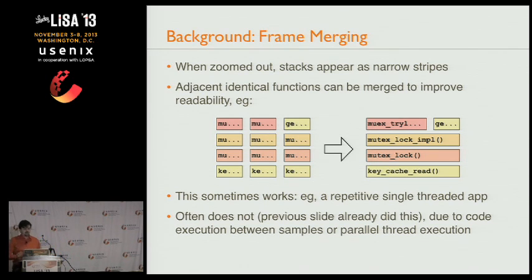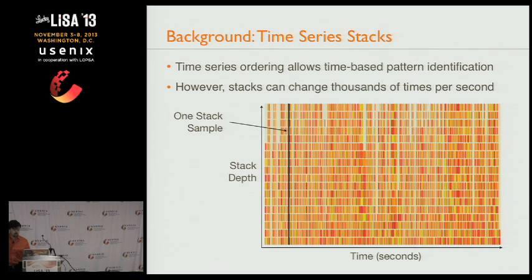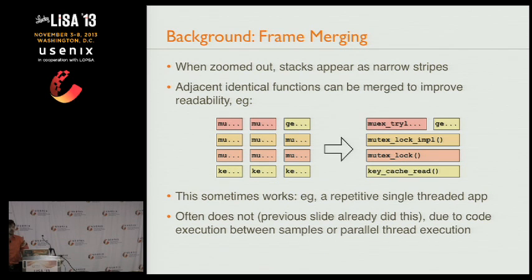What we can do to improve it is merge adjacent similar boxes. If I have two boxes that are adjacent in my time series graph that are the same thing, then just merge the horizontal space so that we have more room to decorate it with a label.